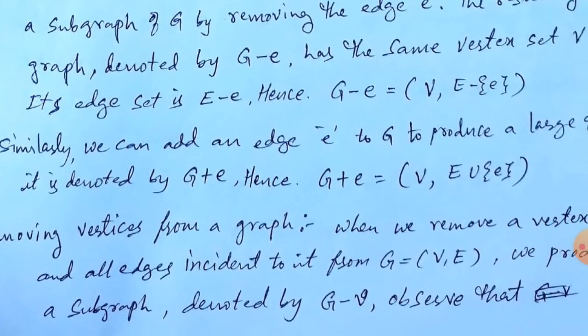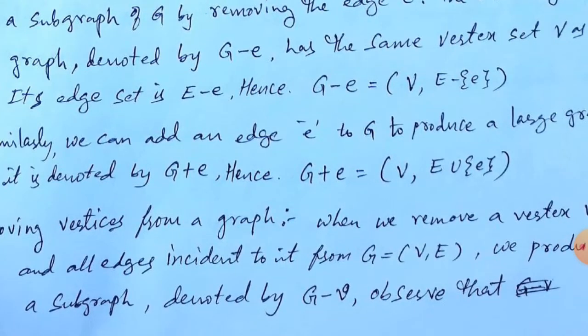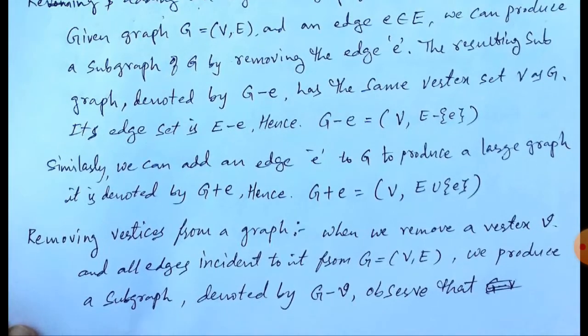Similarly, we can add an edge e to G to produce a larger graph. It is denoted by G plus e. Hence G plus e has the same vertex set, V comma E union e.